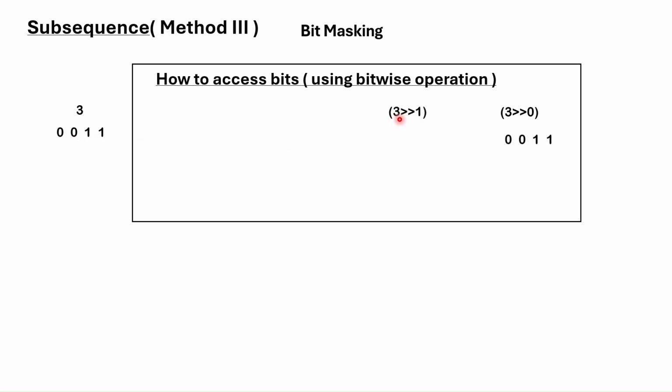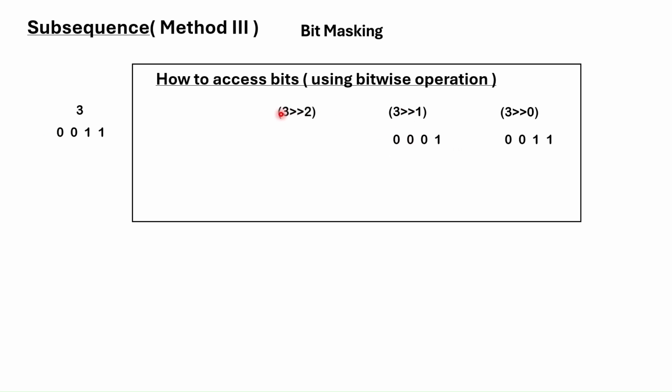Now 3 right shift 1. What does it mean? We will shift all the bits of 3 towards the right, one time. So if we shift all the bits of 3 towards the right by one step, I will get 0 0 1, where this one is removed and an extra 0 is added.